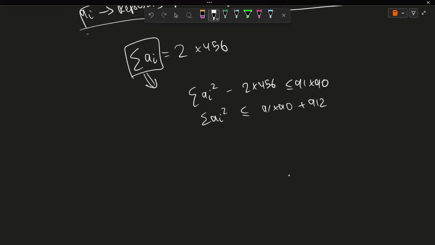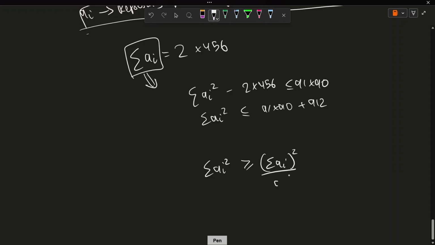But another inequality, the AM-GM inequality or Cauchy-Schwarz, states that summation of ai square is greater than or equal to summation of ai the whole square divided by n, where n is the number of elements.